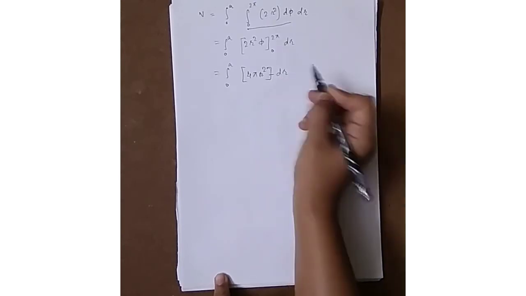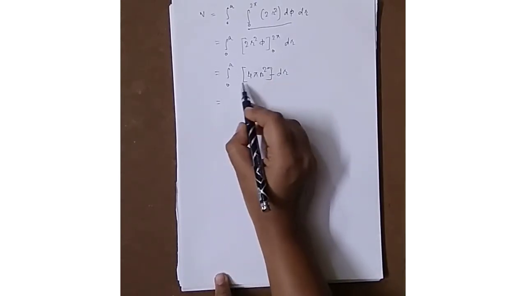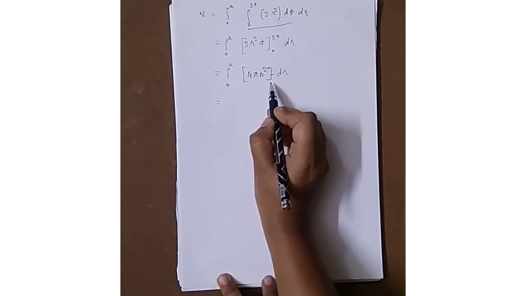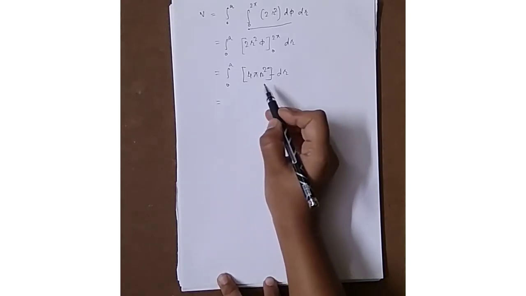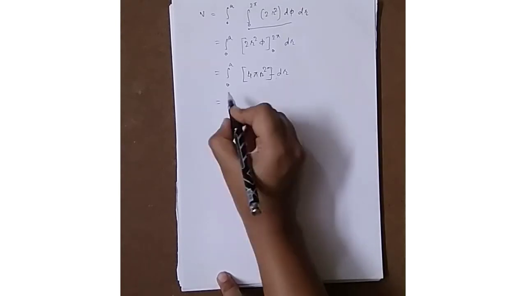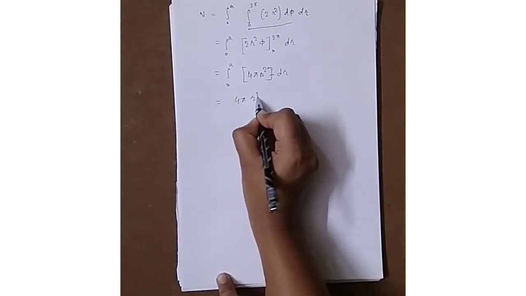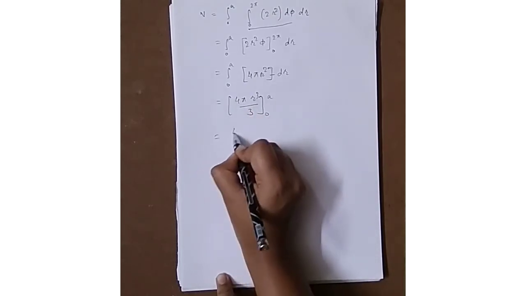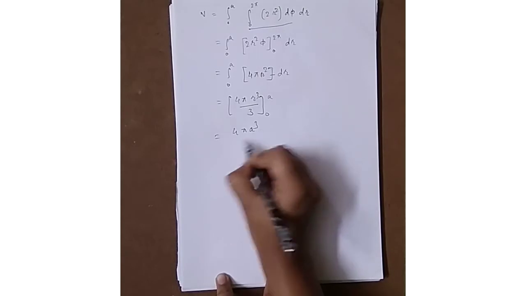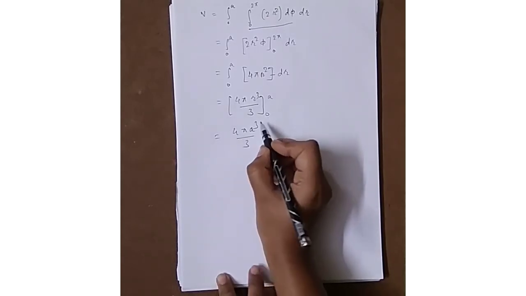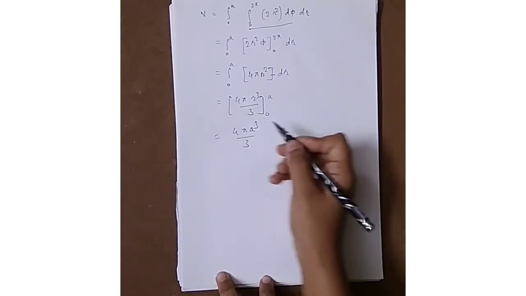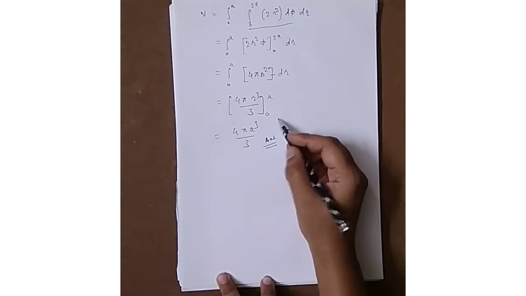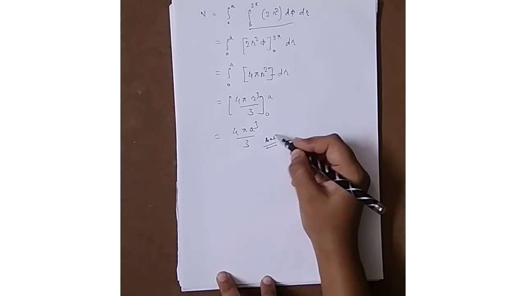So dr. Integrating this term with respect to r, we get 4 pi r cube by 3 with limits 0 to a. So 4 pi a cube by 3, and when you put 0, the term becomes 0, and this is the answer. This is the volume of a sphere having radius a.